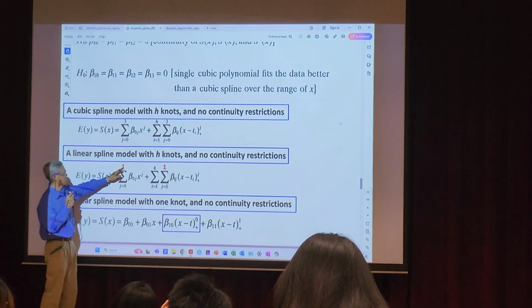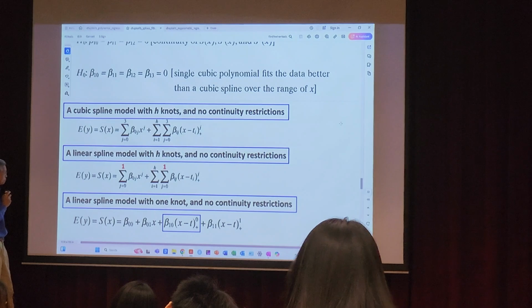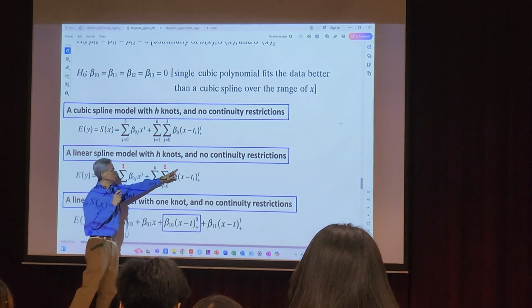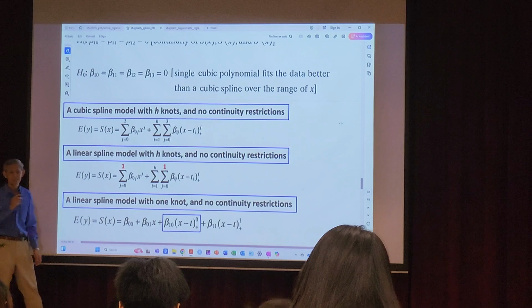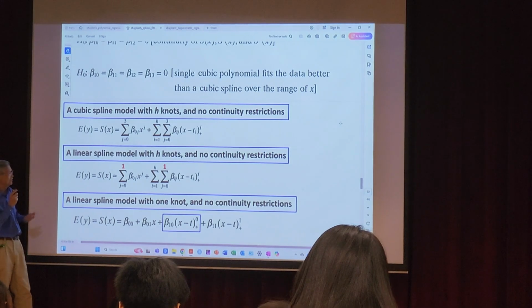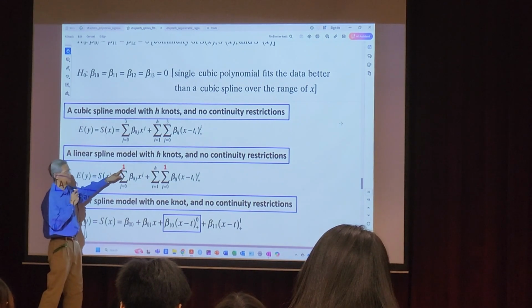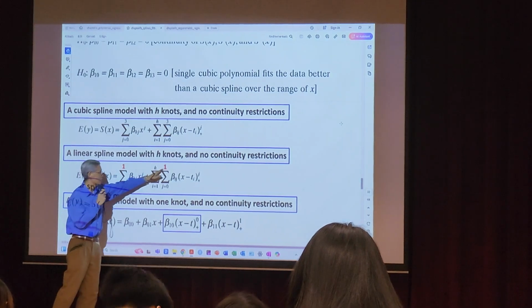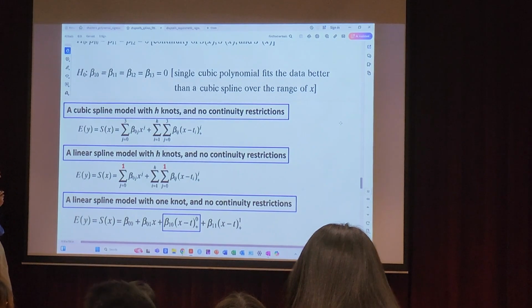That's it. You change it to a straight line model. You just change this quantity. So if I want a quadratic spline model, what should this number be? 2, right? This will also be 2. That will be a quadratic spline model.